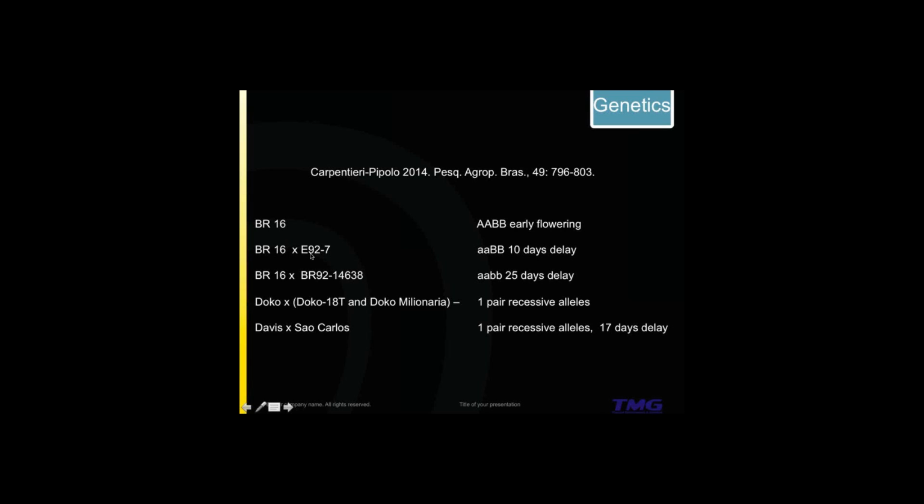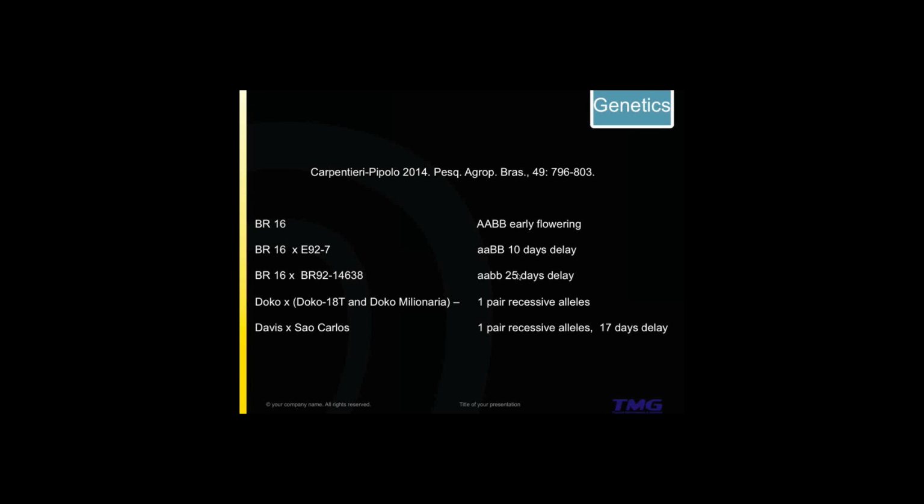But what is clear is that if you cross BR16 with the E92 line, you will pull out materials that have a 10-day delay. And if you cross with this other line, it's a good source with probably a second locus with a larger delay. So you do have 2 or 3 major loci there, and then probably other small loci that, when you recombine them, can give a pretty decent juvenile trait.